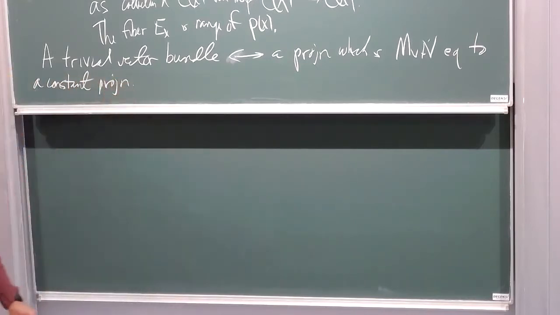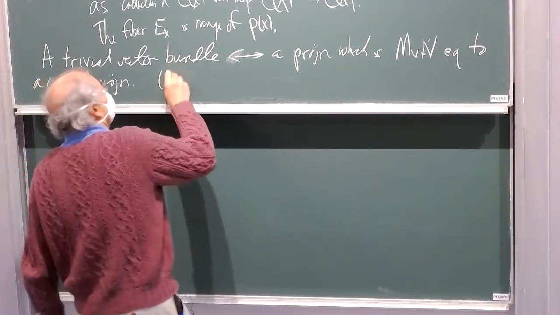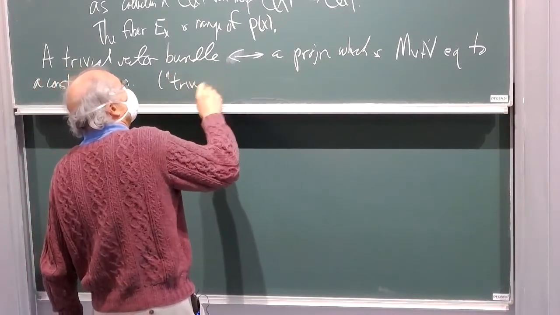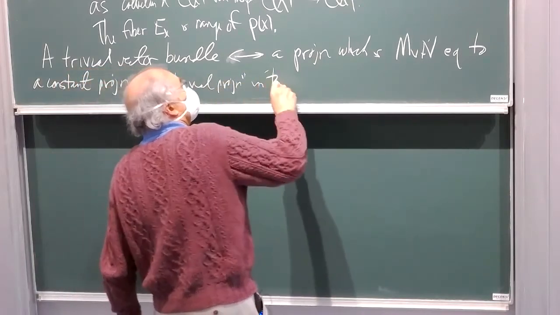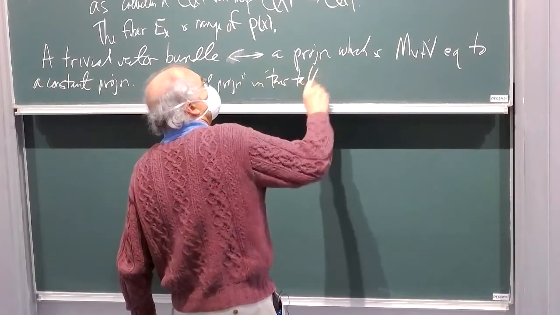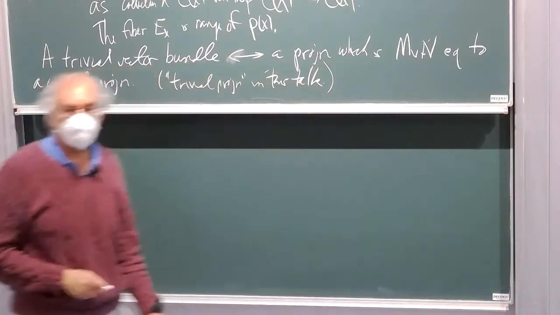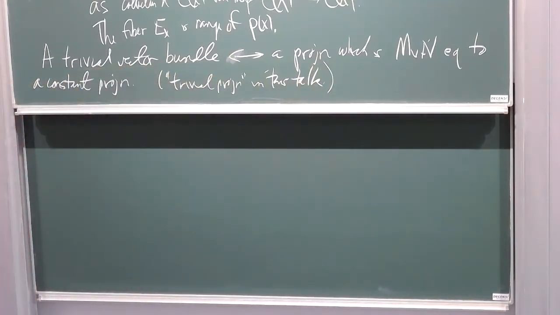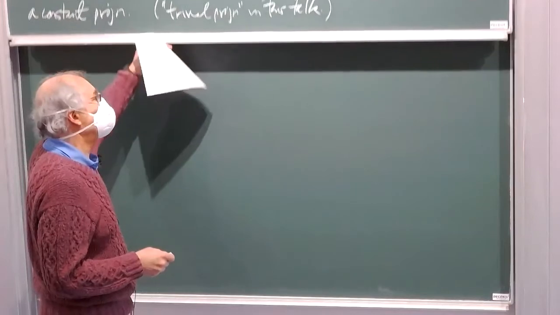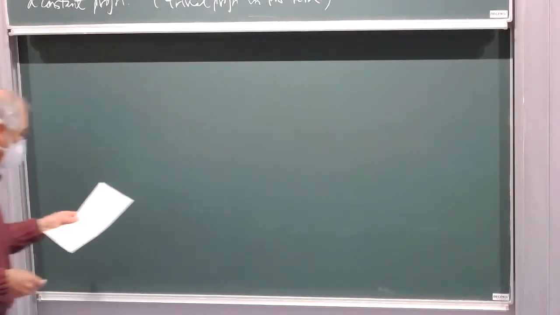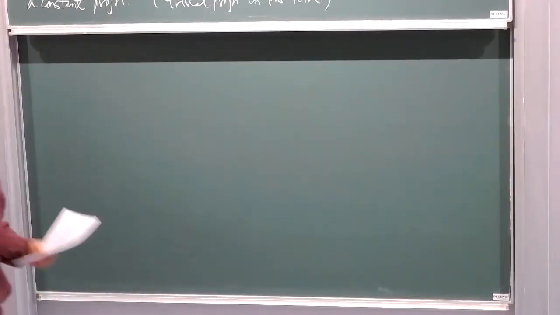I will call these projections in this talk trivial. This isn't standard terminology and probably should not be used in any formal way, at least not without explanation. But that's what's convenient here.